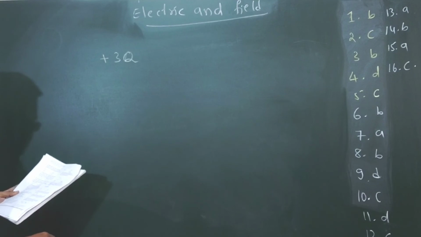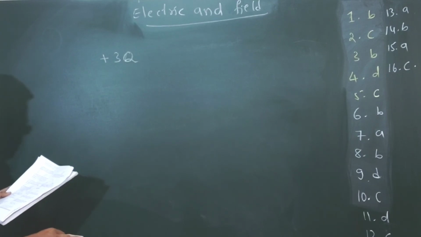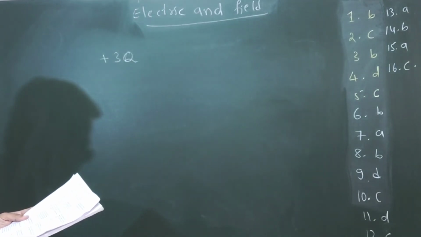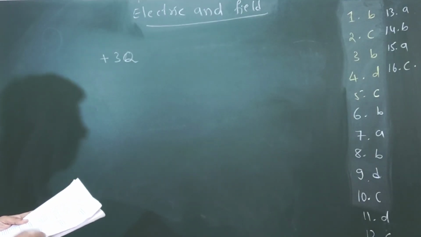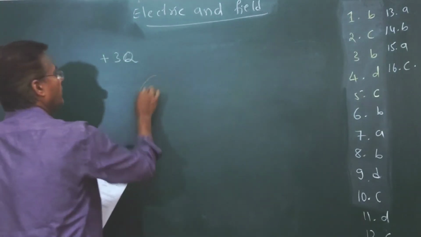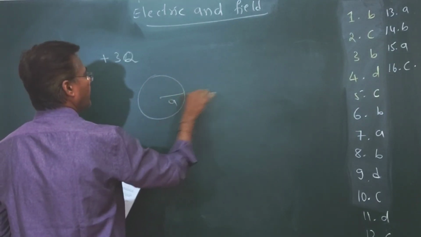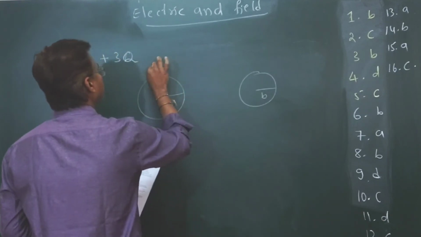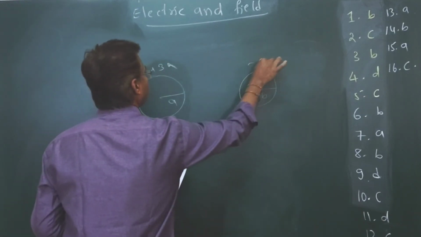This is the A and another one is the B. This is plus 3Q and this is minus Q.